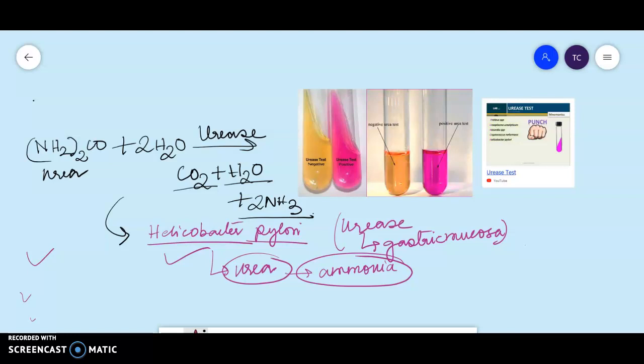You have to know about the Christensen urea agar.